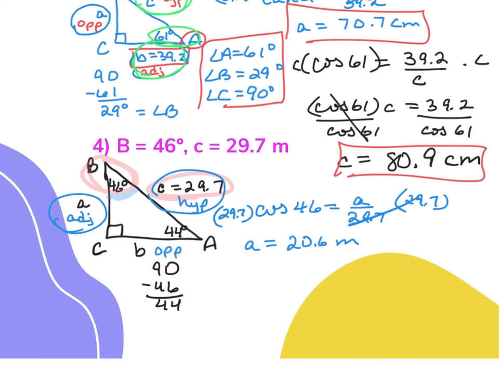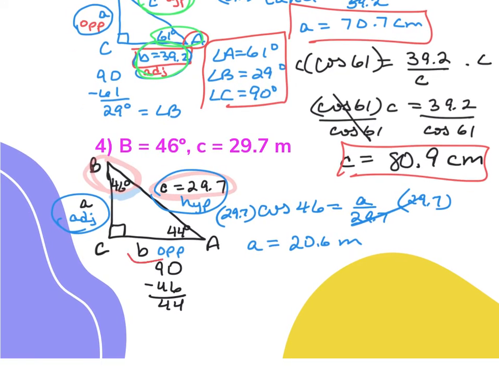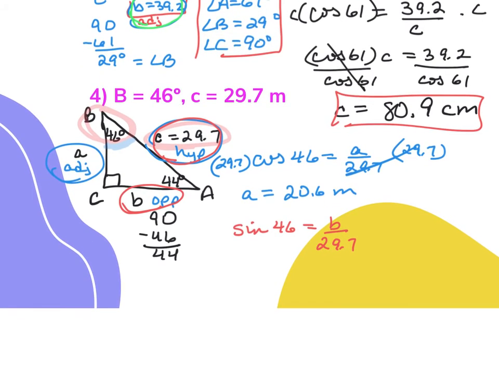Now I need to find little b. So little b is opposite. And again, I'm going to use my hypotenuse. So the trig function that uses opposite and hypotenuse is sine. So I'm going to do the sine of 46 is equal to opposite over hypotenuse. I'm going to multiply both sides by 29.7. That will cancel that.